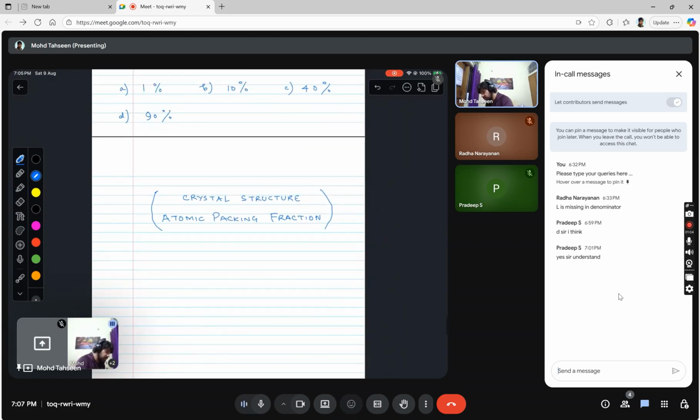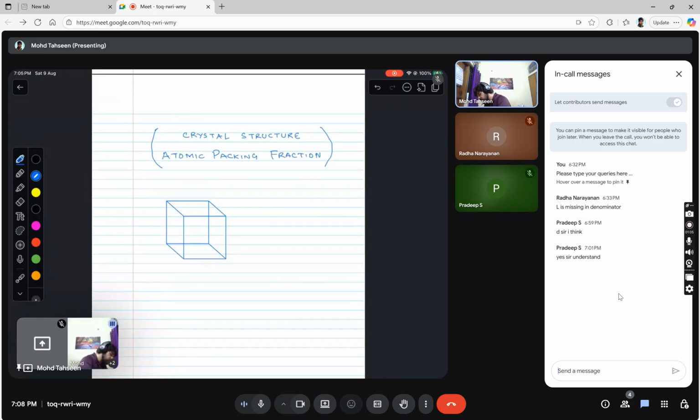It means that if there's a simple cubic structure, okay, how do I draw a simple cube? Maybe something like this. Okay, this is a simple cubic structure.